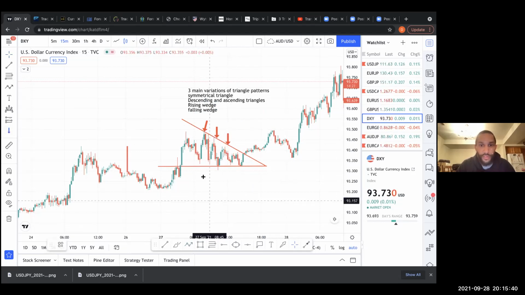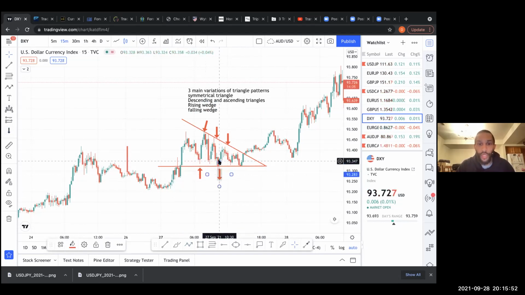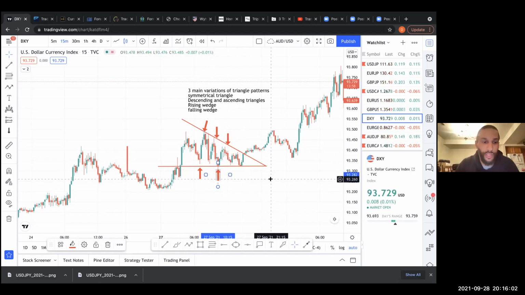And vice versa on the other end. I'm waiting for it to hit my support because this flat bottom down here, this flat line is still acting as a support line as well. So I'm taking calls down here and I'm taking puts at the top where the highs are connecting right there.